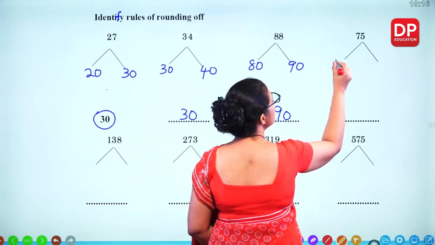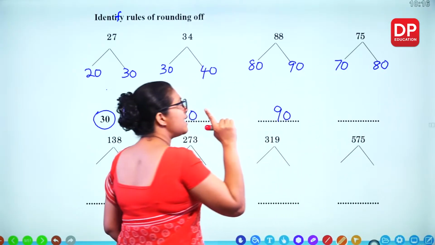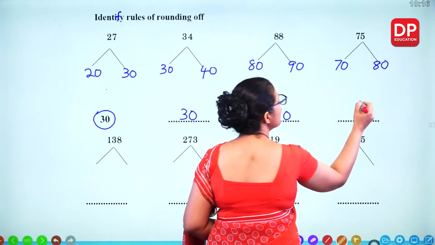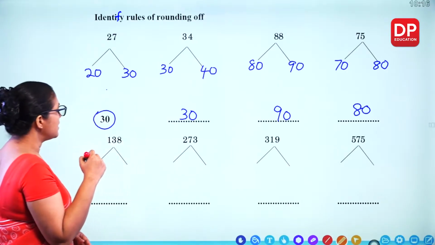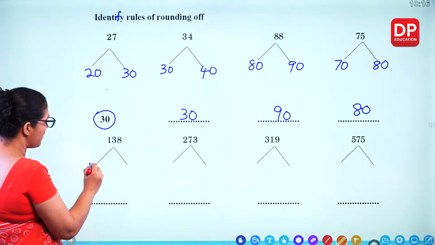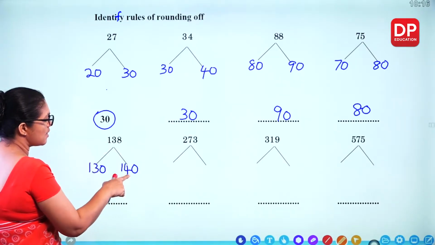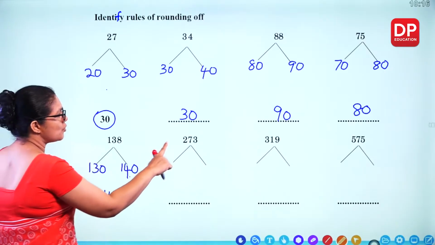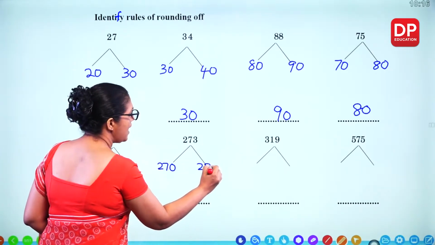75 is exactly in between 70 and 80. If the value is in the middle, you take the highest value, so that's 80. 138 in between 130 and 140. This is closer to 140. 273, that's 270 and 280.